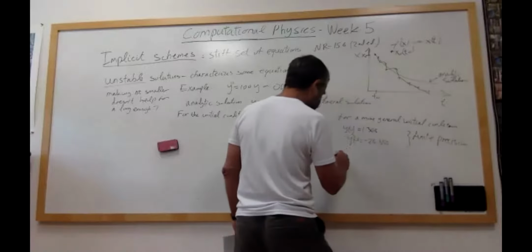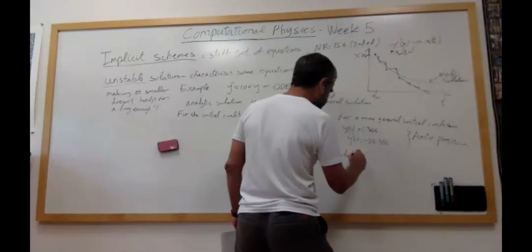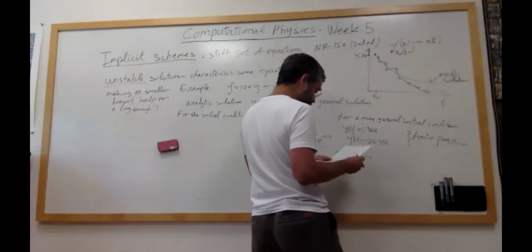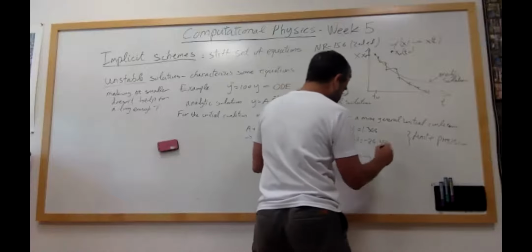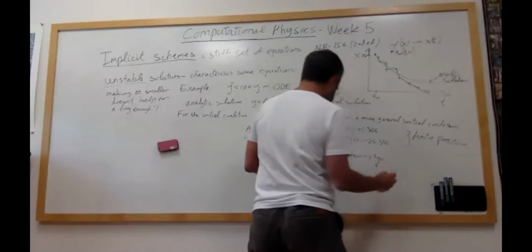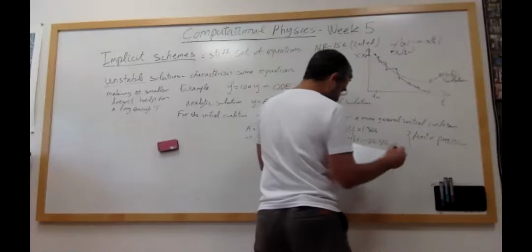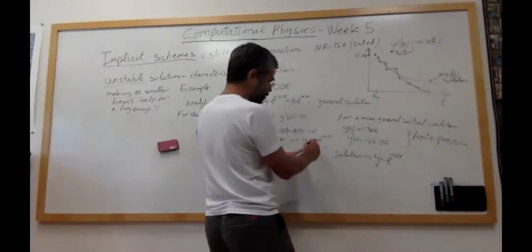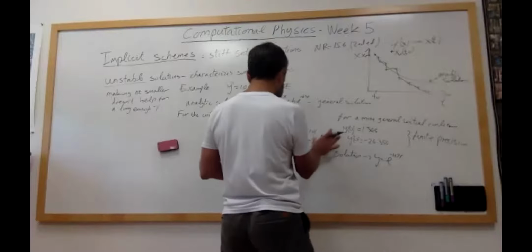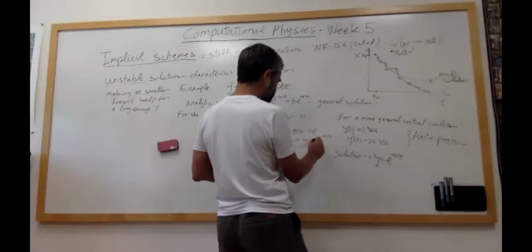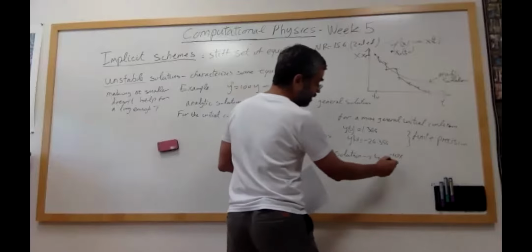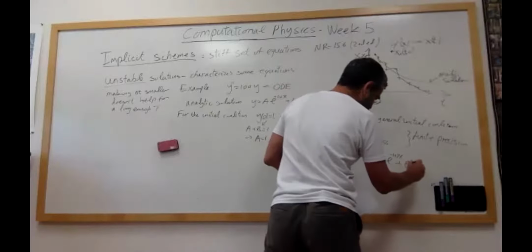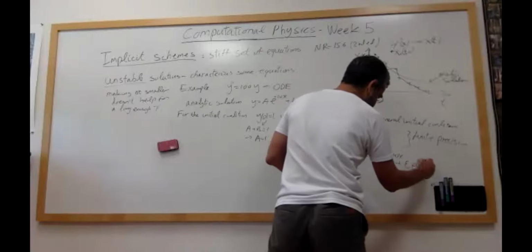And so the solution will now be y equals e to the minus 10x, sort of the true solution, where A is 1, plus some epsilon times e to the power of 10x.